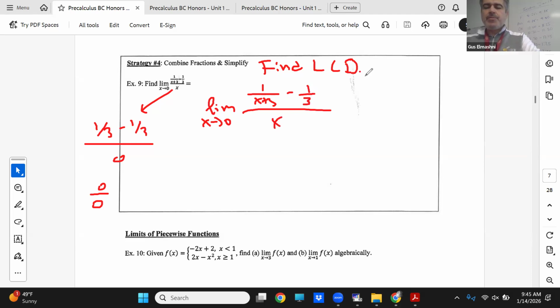Now, you could do a couple of ways. The LCD, by the way, is, as you guys just said, 3 times x plus 3. So what I'm going to do is multiply top and bottom by it.